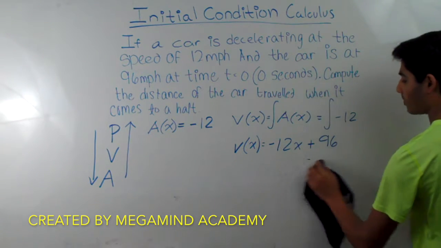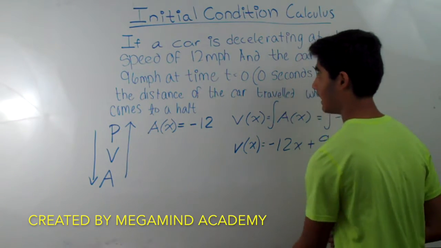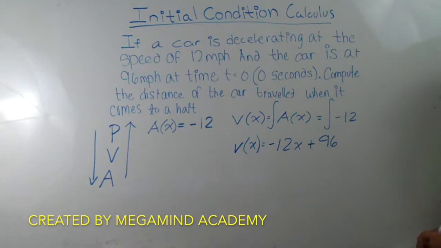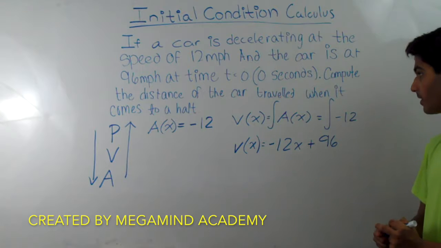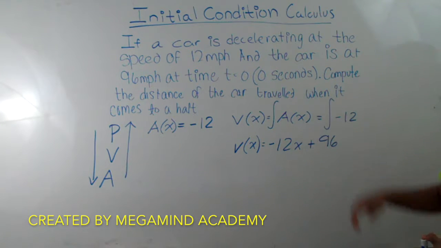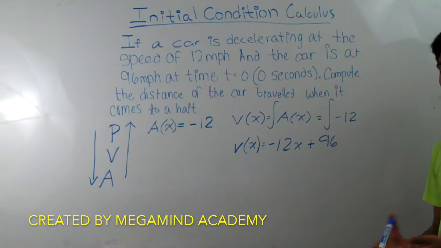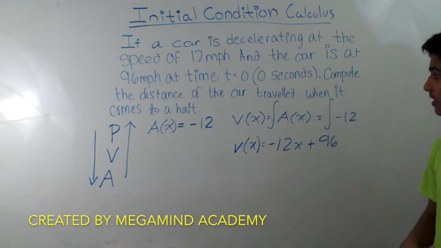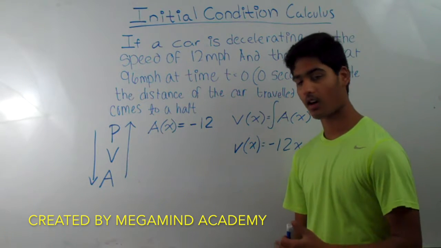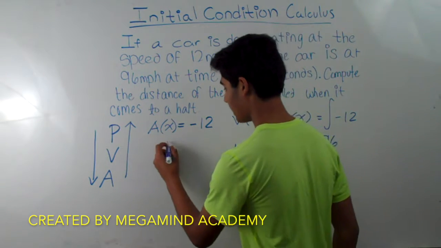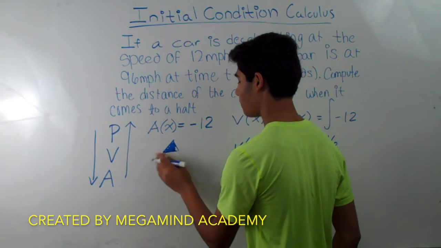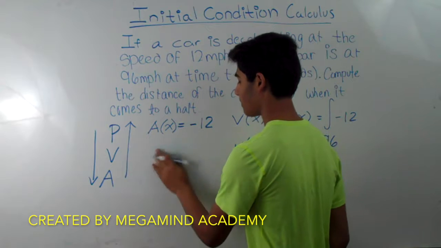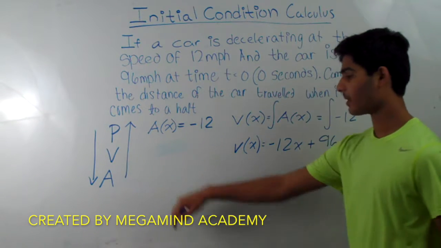And in this problem, we're also going to do another initial condition part. So, have we answered the question yet? No. The question is asking us to compute the distance the car traveled when it comes to a halt. So we know that the distance of the car at time 0 is just 0.